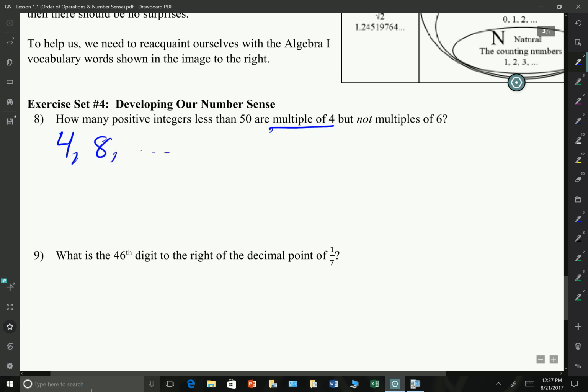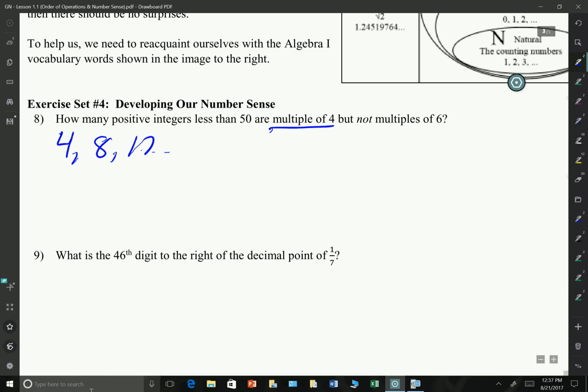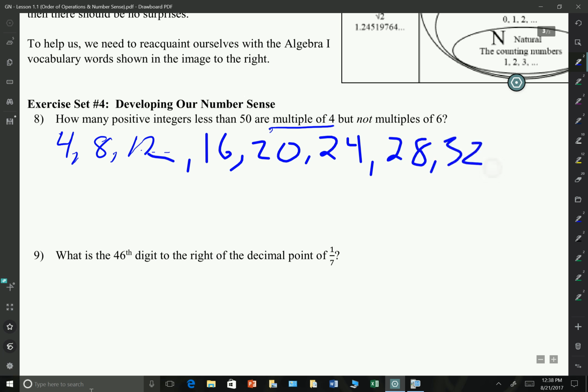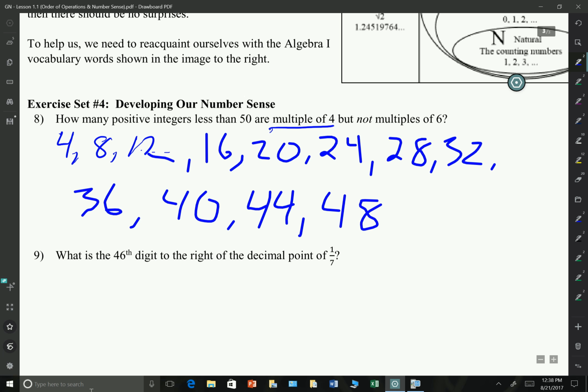Keep going. 12, 16, 20, 24, 28, 32, 36, 40, 44, and 48. And you don't go beyond it because you want the ones less than 50.